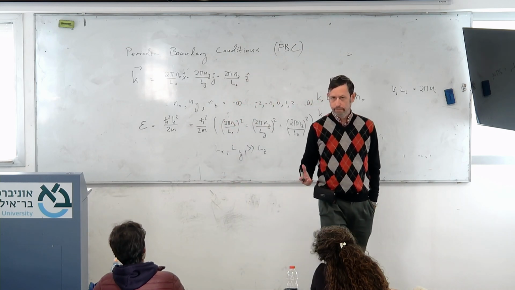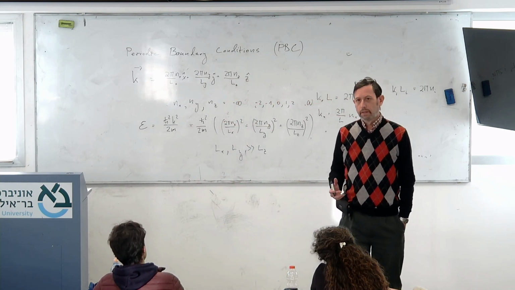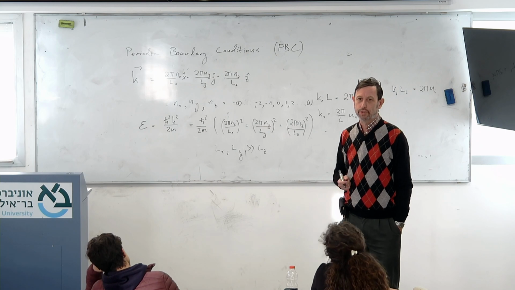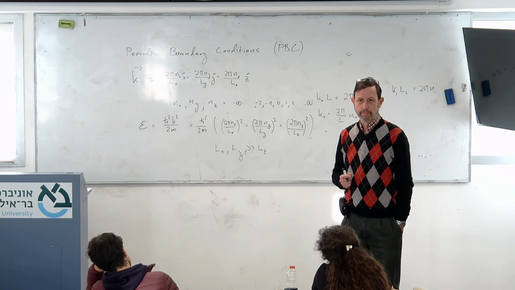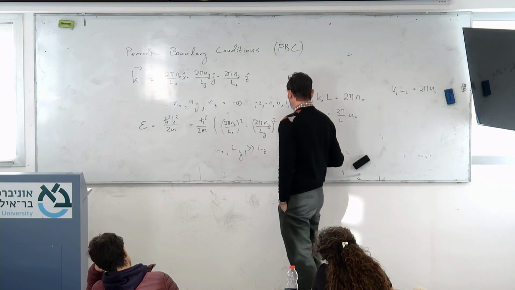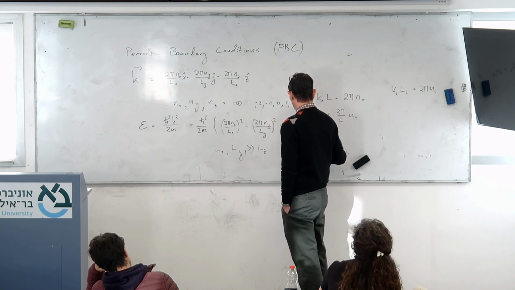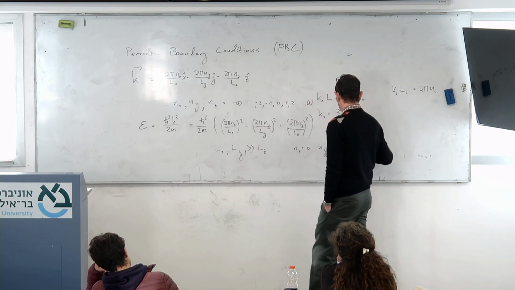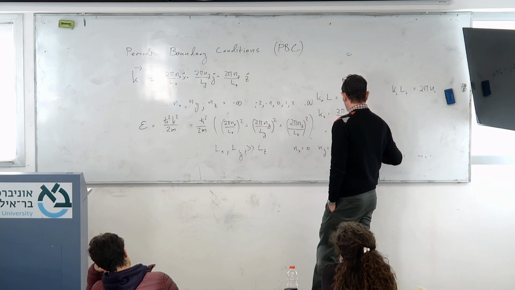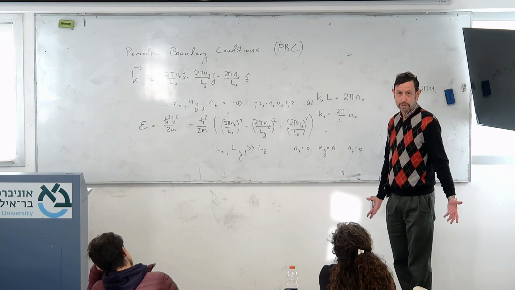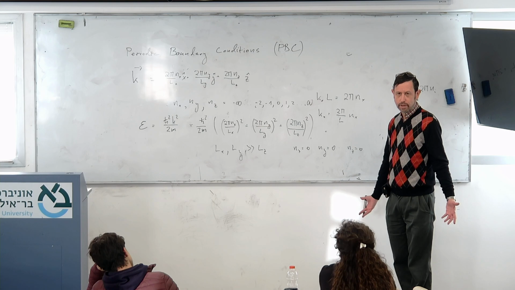Now I'm starting to measure all the spectrum of energies that I can measure. I start from n_x, n_y, n_z all zero. That's the lowest. Anything else will have higher energy.